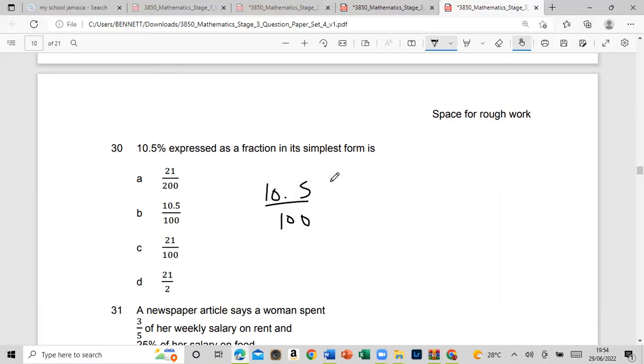So 5 can go in at this 2.1 times. 10.5% expressed as a simple fraction. Simplest form is.